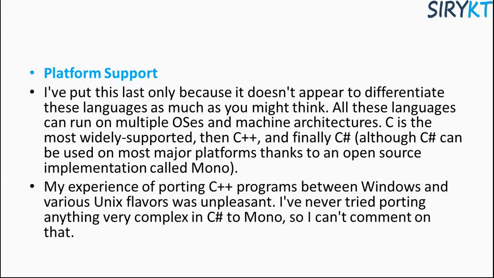Although C# can be used on major platforms thanks to the open source implementation of Mono. In my experience, porting C++ between Windows and various Unix flavors is unpleasant. I have never tried porting anything very complex in C++ to Mono, so I cannot comment on that.